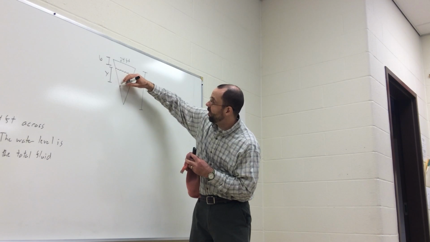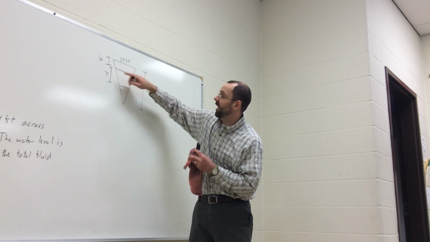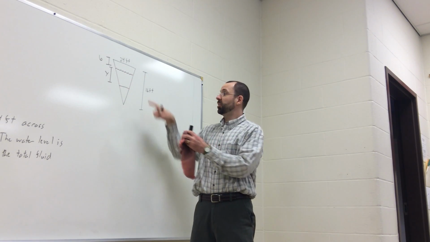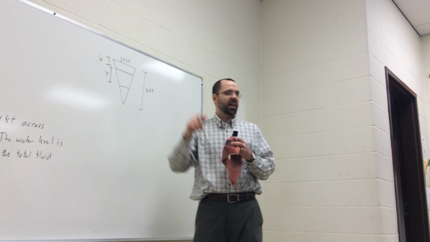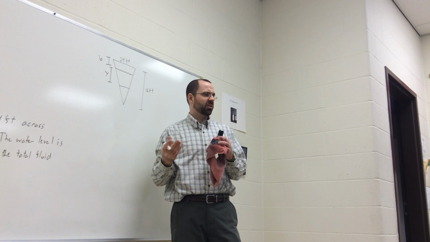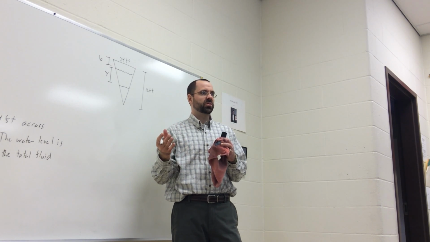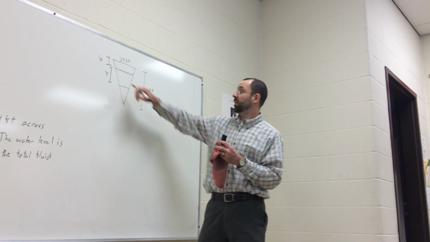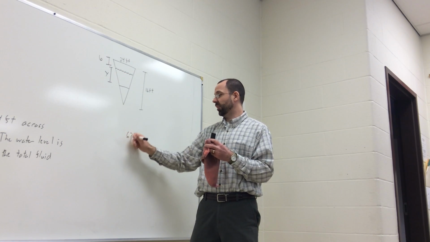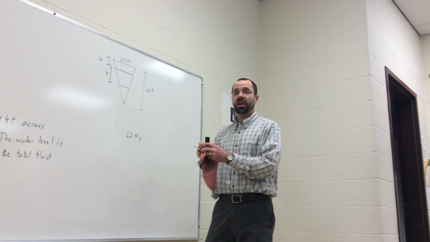So that little bit of water there, at a depth of y, experiences a certain amount of pressure. Just like at 2 feet down, to figure out the pressure you feel, you take 62.4 times 2. So at a depth of y, the pressure felt is 62.4 times y.